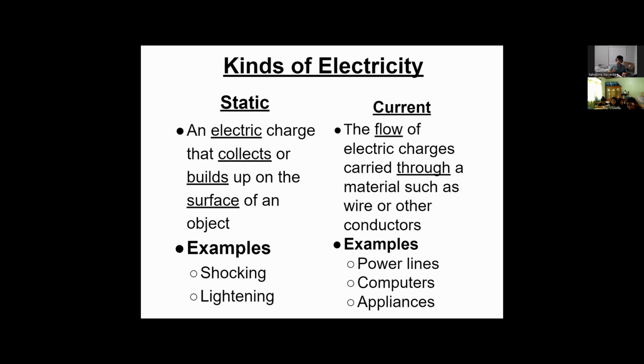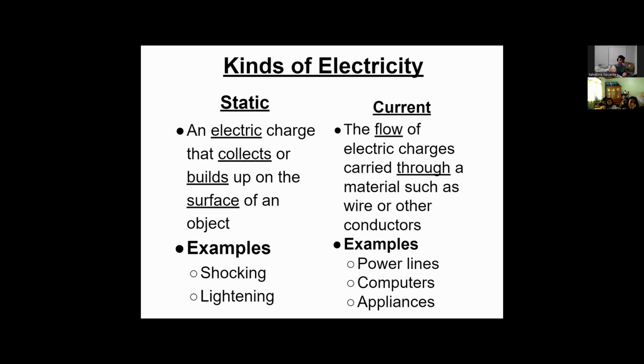A current, an electrical current, is more related to circuitry and a power source. The simple example would be a light bulb, where you have a battery and metal wires that connect to the light bulb and they turn on the light bulb, and there's a constant current, okay? A constant flow of electric particles, electrons, throughout that circuit that can power the light and continue it with the battery source.